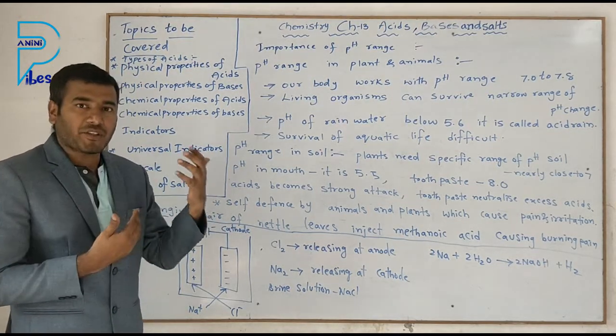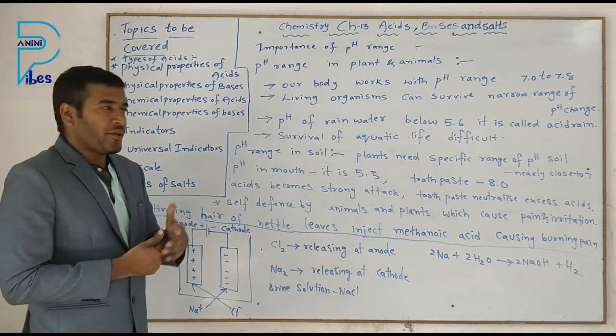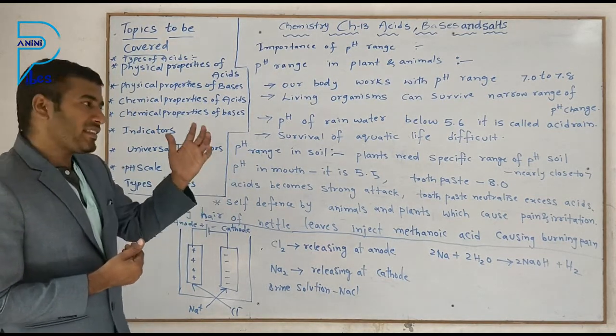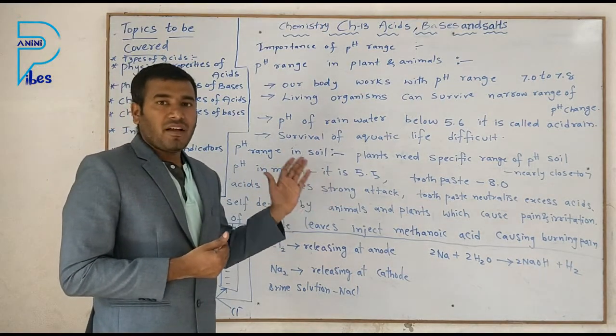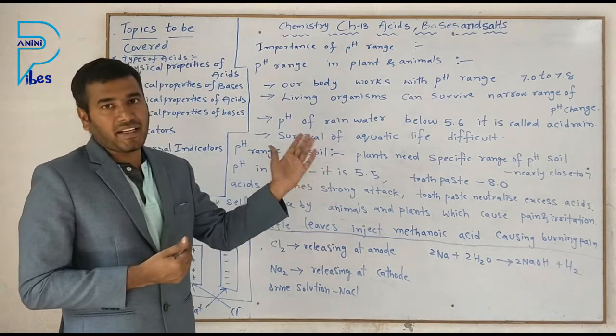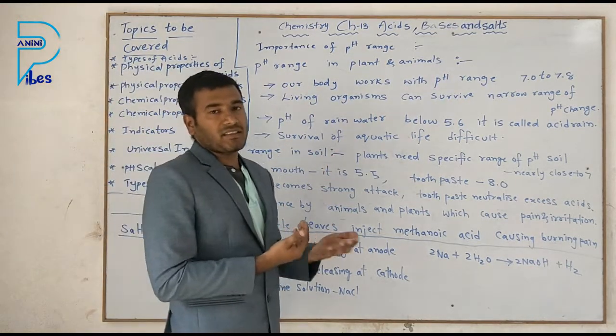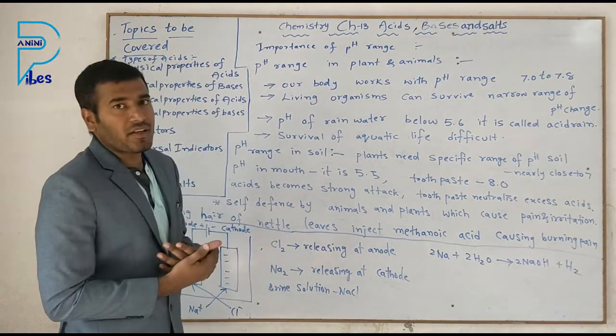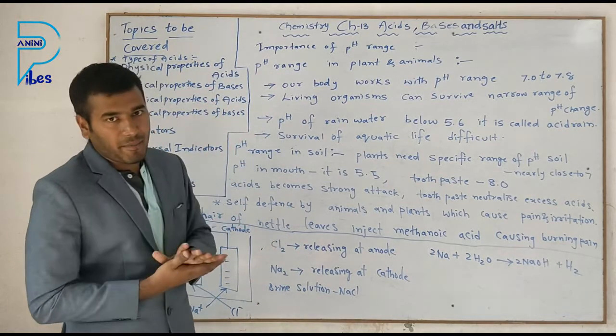Those colors we are showing on the pH paper. Neutral is 7, strong acids start from 0, weak acids from 4 to 5, 6, 7, weak bases start from 8, 9, 10, and strong bases start from 11, 12, 13, 14. Okay, this is about pH paper and the importance of pH paper.